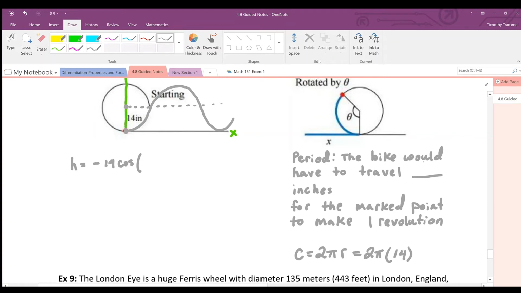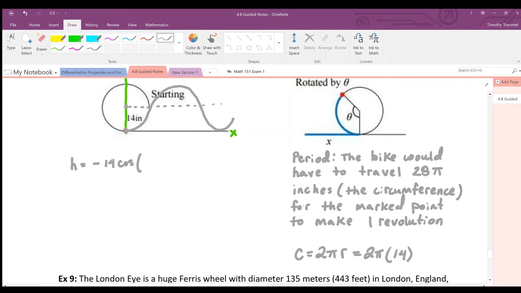So this is 28 pi inches. And I was just going to write in the parentheses here, the circumference. Yeah, so the bike would have to travel 28 pi inches for the marked point to make 1 revolution.